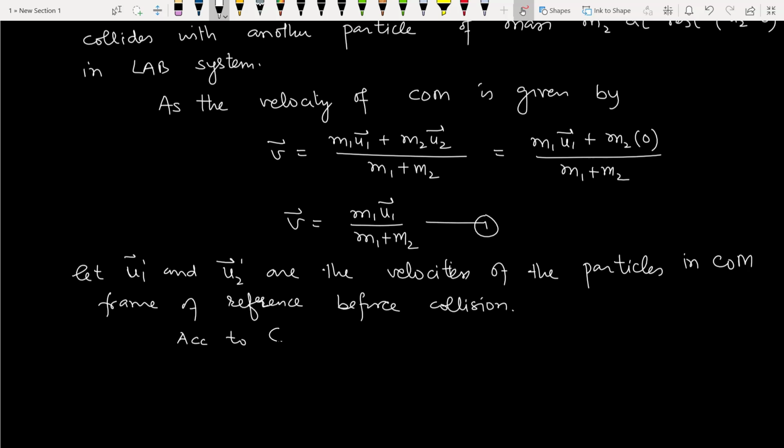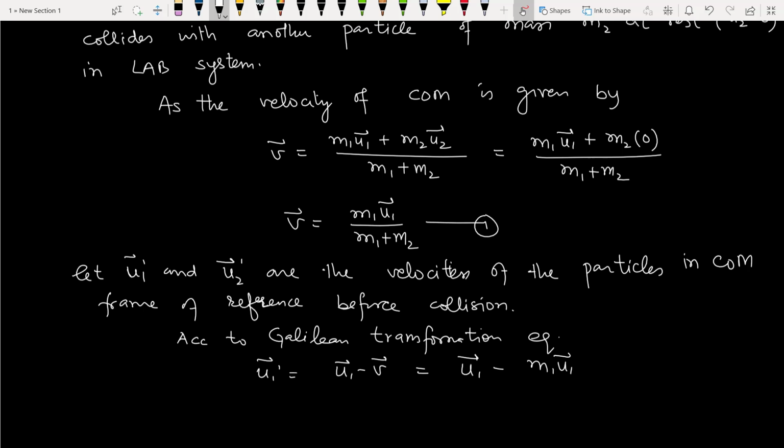According to Galilean transformation equations, u1 dash is equal to u1 minus v. So it is u1 minus the value of v from equation number 1.